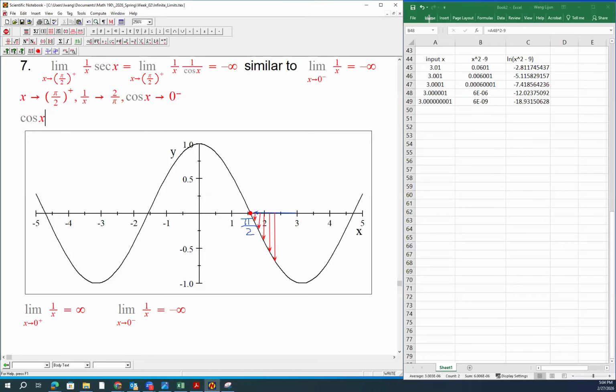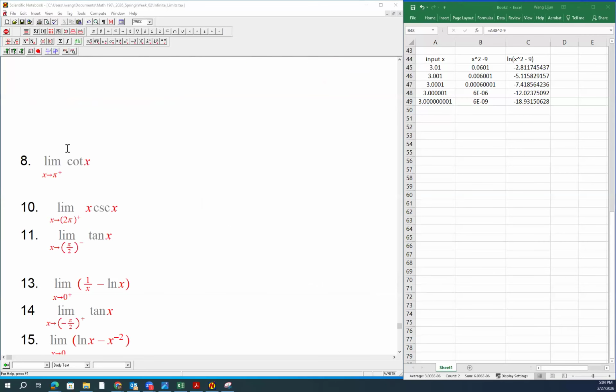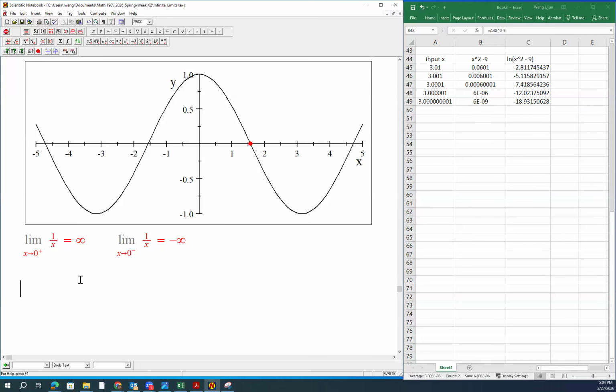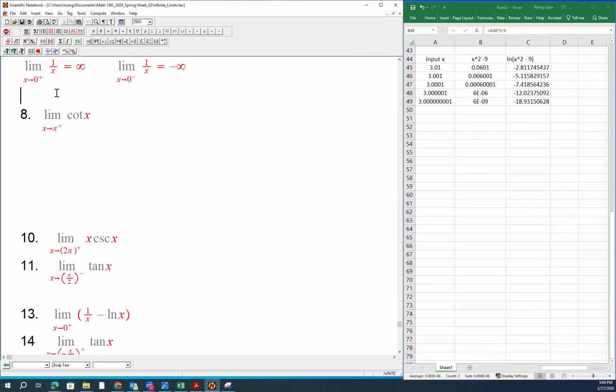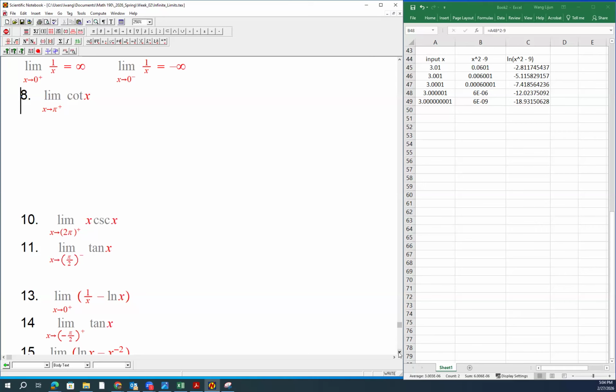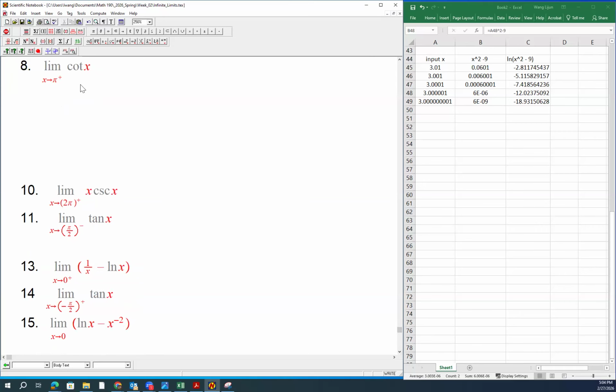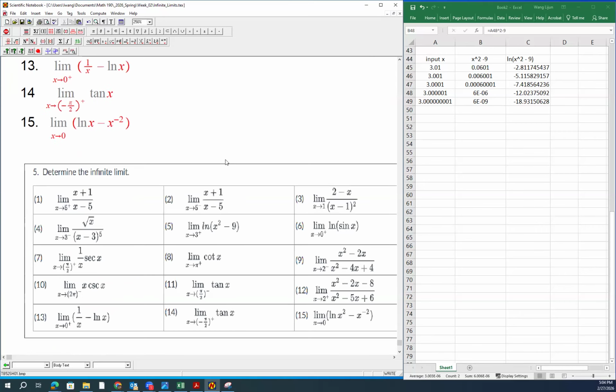Okay, so let's look at number 8. Number 8 is when x approaches pi from larger than pi.